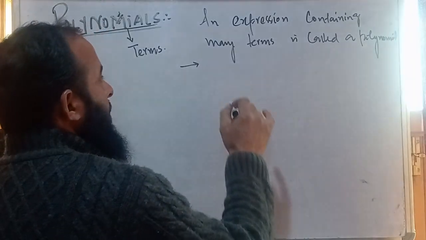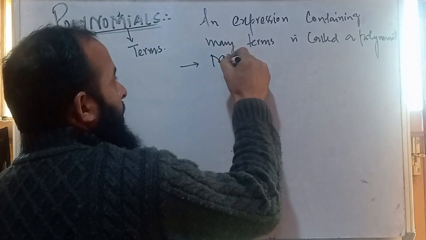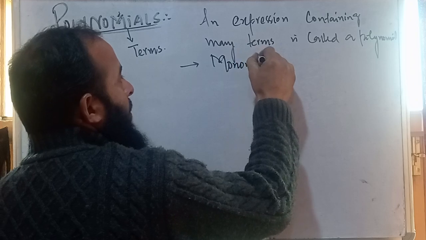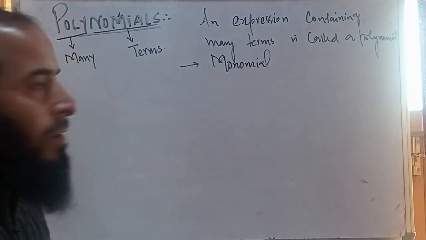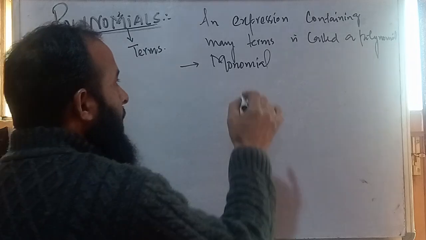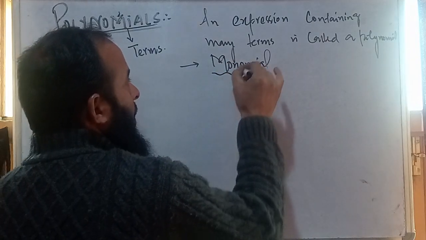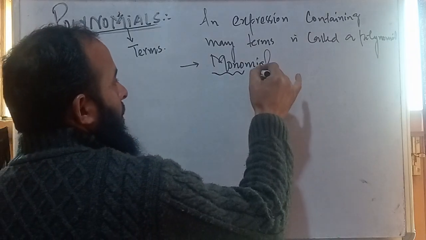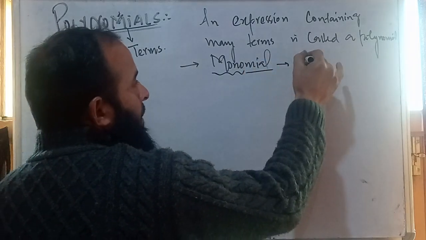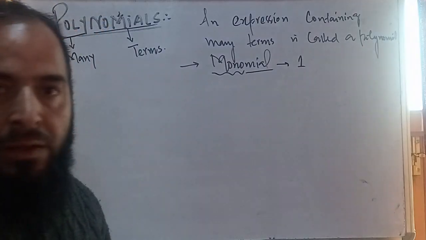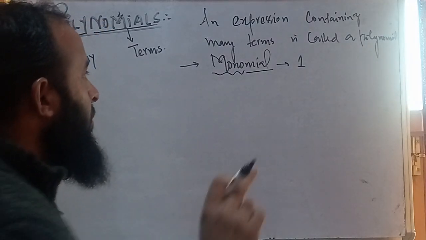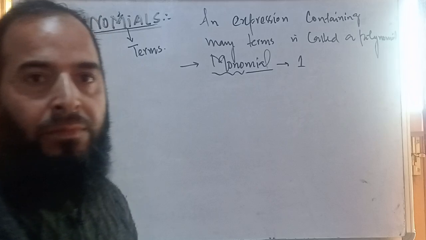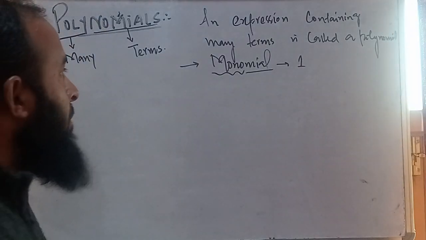First one is monomial. Mono means one. That means an expression with only a single term is known as a monomial.